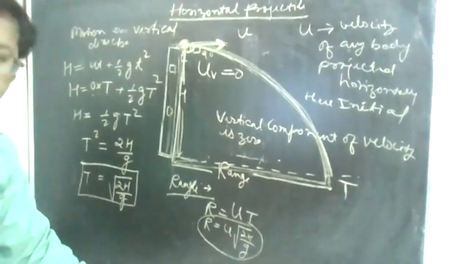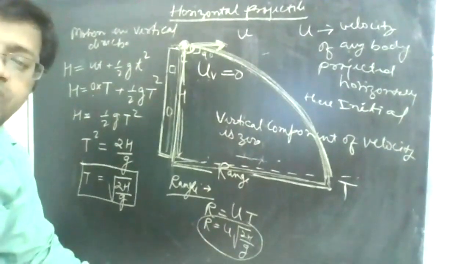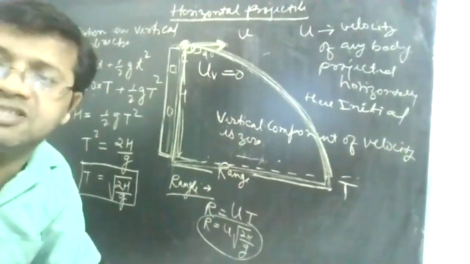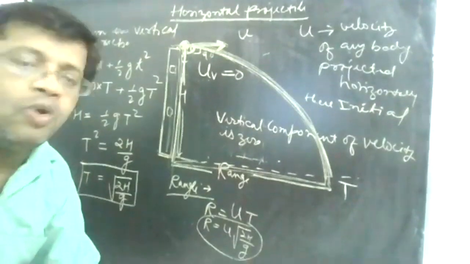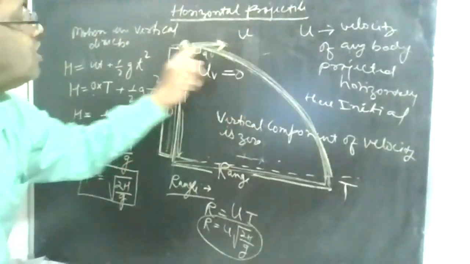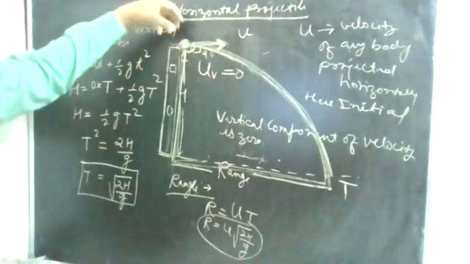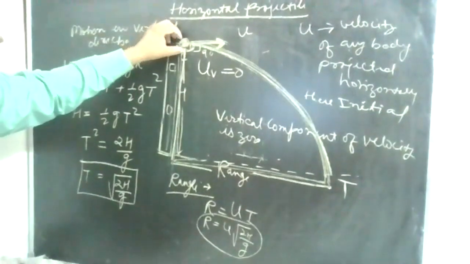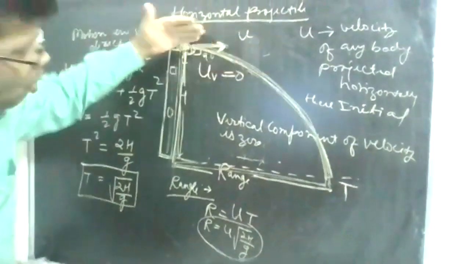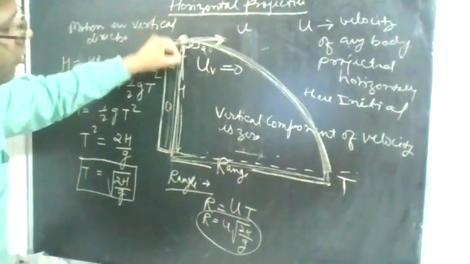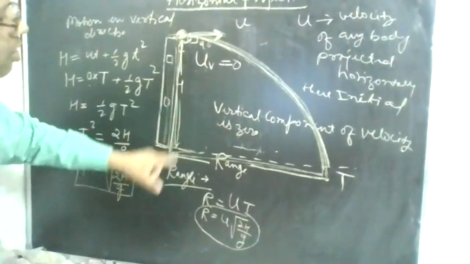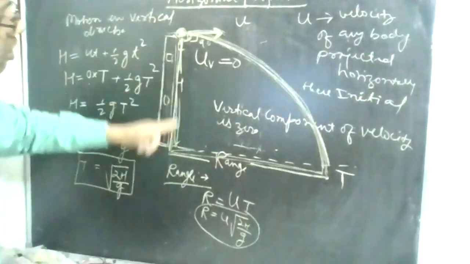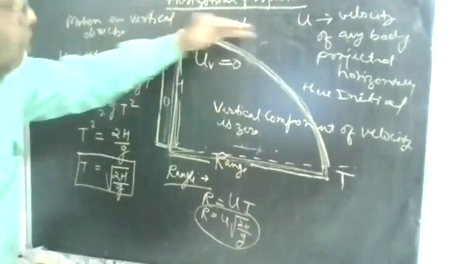The term half a t square will be 0. No acceleration is there along the horizontal direction. If a ball is moving along the horizontal direction, we know that the ball is under gravity, acceleration due to gravity. The ball is attracted by the surface of the Earth in the vertical direction, not in the horizontal direction.